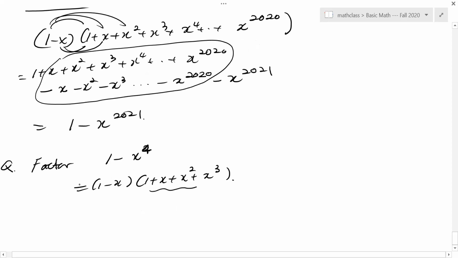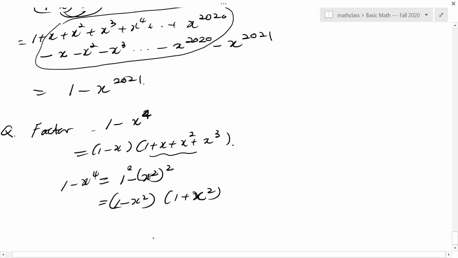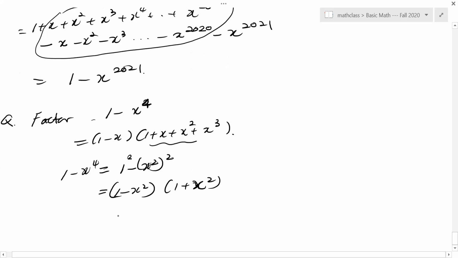The answer may be yes. So we can try a different way. 1 minus x to the fourth power is 1 minus (x squared) squared, so you get 1 squared minus (x squared) squared. So you use the above formula. But you cannot factor 1 plus x squared. But 1 minus x squared can be written as (1 minus x)(1 plus x). So it sounds like this part can be factored like this.